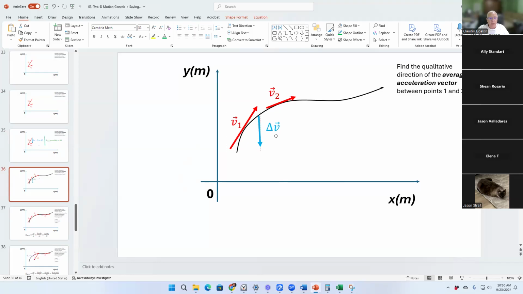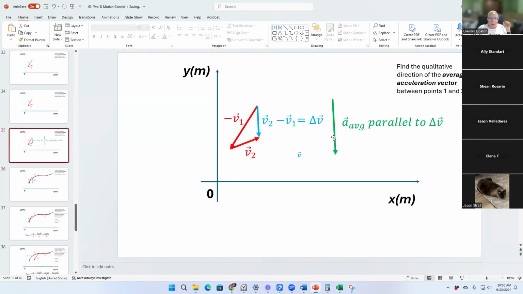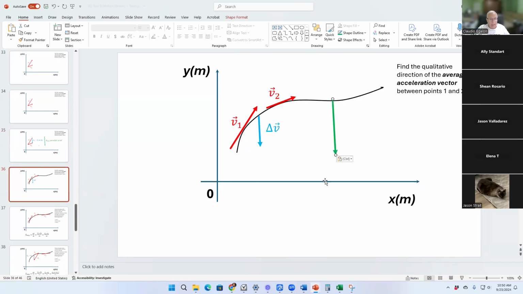We actually find that the average acceleration vector is always pointing towards the concavity, the concavity of the path. And I'm also going to draw my average acceleration vector right here.